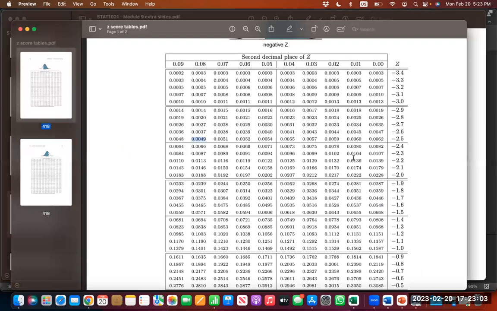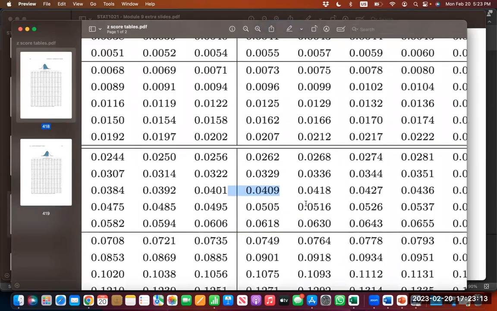If we now go to the distribution table, we have minus 1.74. This is 0.0409, so 0.041. We use this table when you have negative numbers to get the p-value. So if you have a negative z score, everything to the left will be characterized with that p.